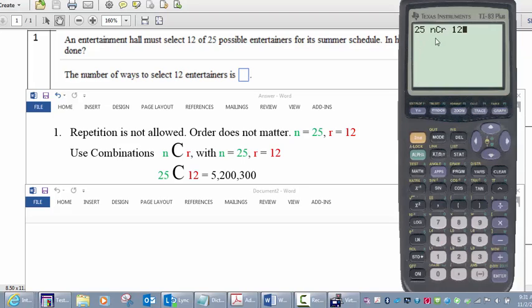So n is 25, r is 12, and I'm using combinations. So the answer that I get is 5,200,300 different ways for us to select 12 entertainers from 25.